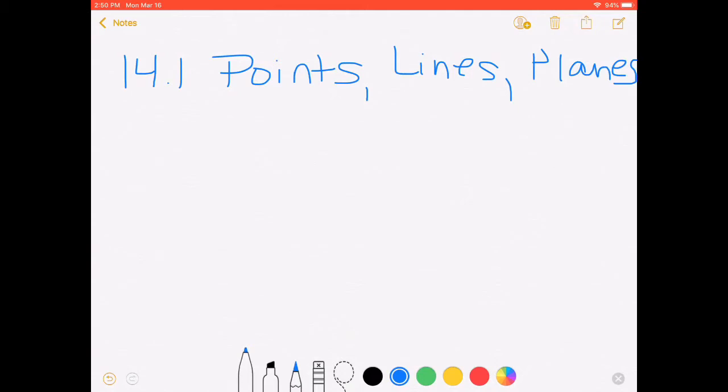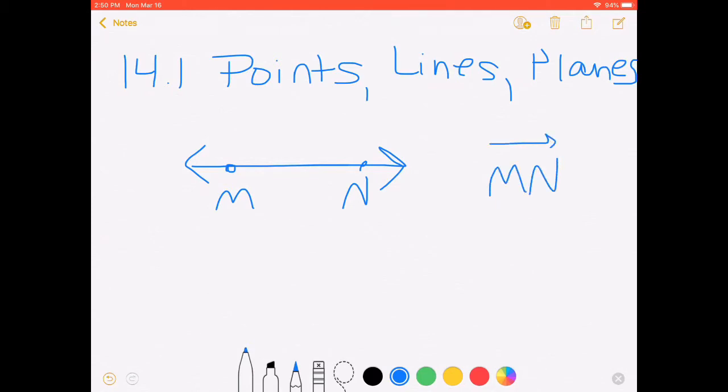So, one thing that we didn't talk about is how you can name a ray or a segment that lies within a line. So if we have this line here, line MN, and remember the way we write that is we use the two letters on the line with the line symbol above it. We can talk about a ray that, or there's actually two rays that lie on this line.